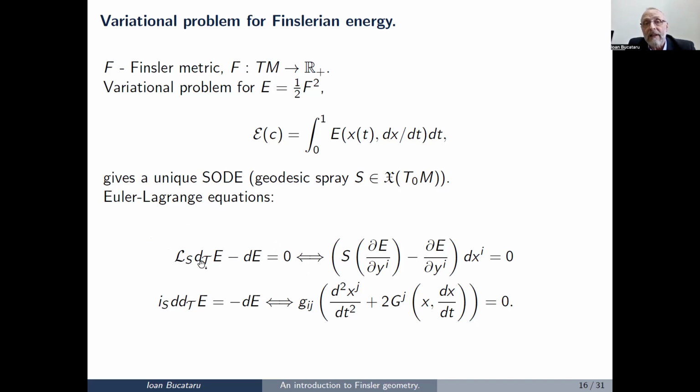So I said previously that I will use quite extensively this derivation along the tangent structure, which can be written into this form. By the way, I will come back to this at some point: d tau e is a one form, d tau e is a two form, and actually it is a symplectic form associated to this Finsler metric.